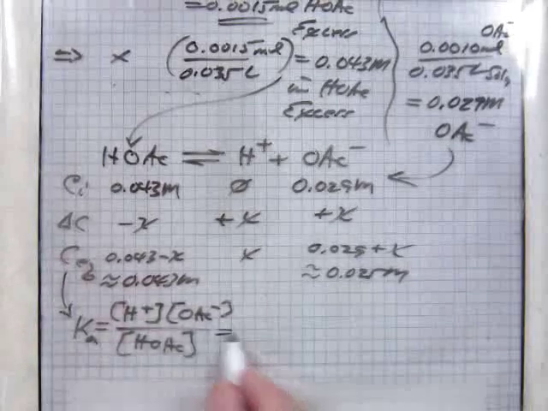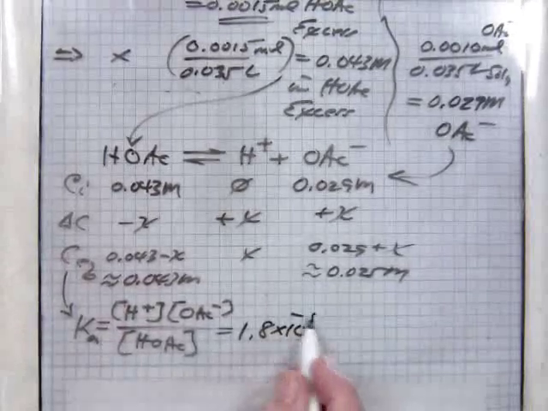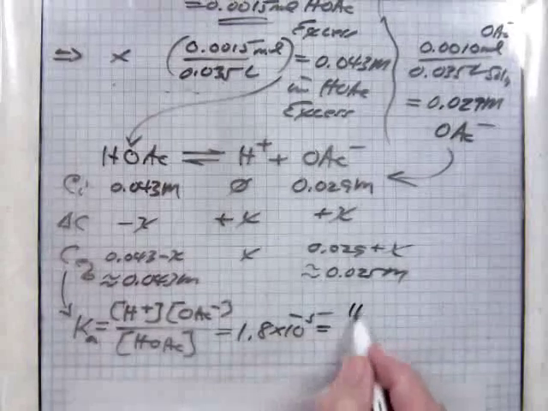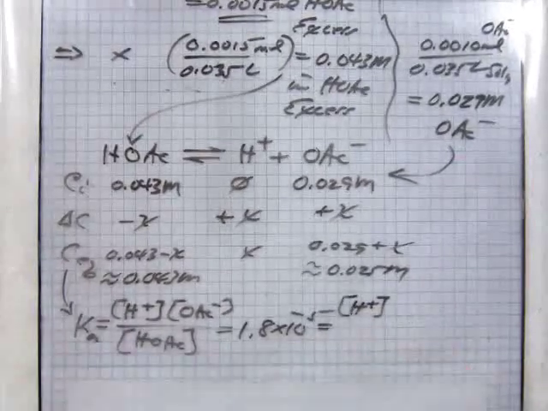Right here is 1.8 times 10 to the minus 5, and you're looking for that hydronium ion to calculate your pH.